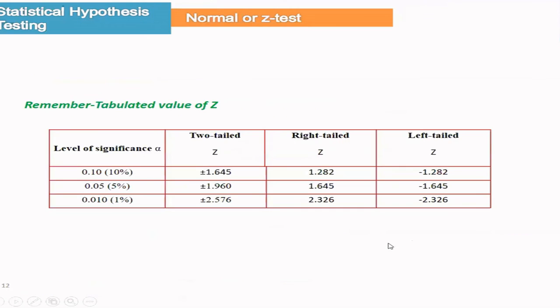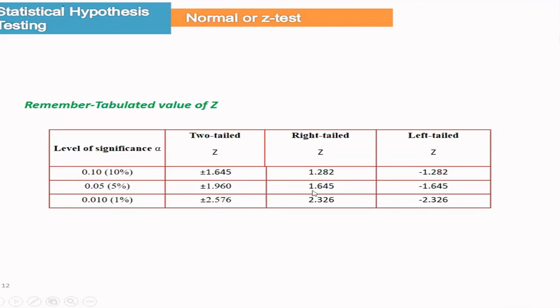If you use the conventional method, please try to remember this table. Normally the standard levels are 5% or 1%. Better to remember these two. For two tail, the value of z is plus or minus 1.96 for 5%. For 1% it will be 2.576 or 2.58.